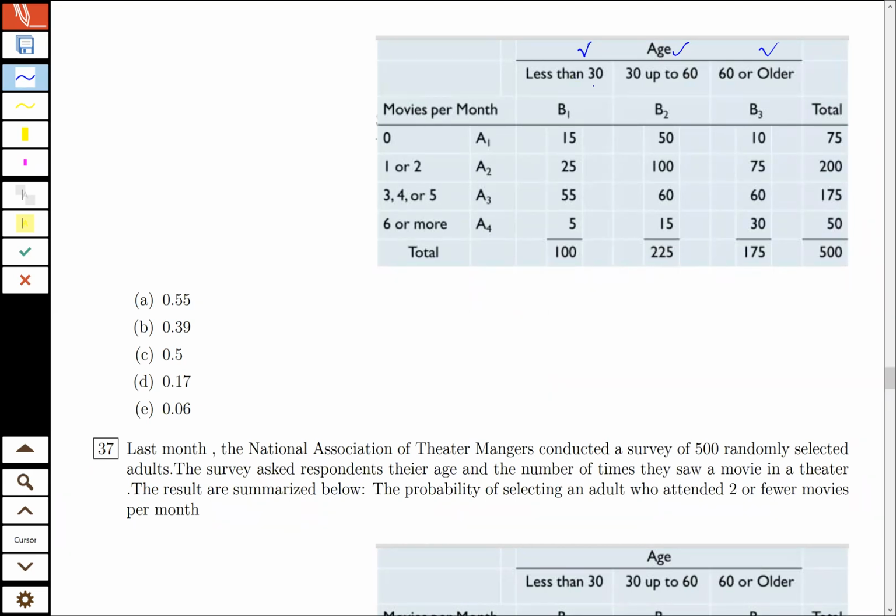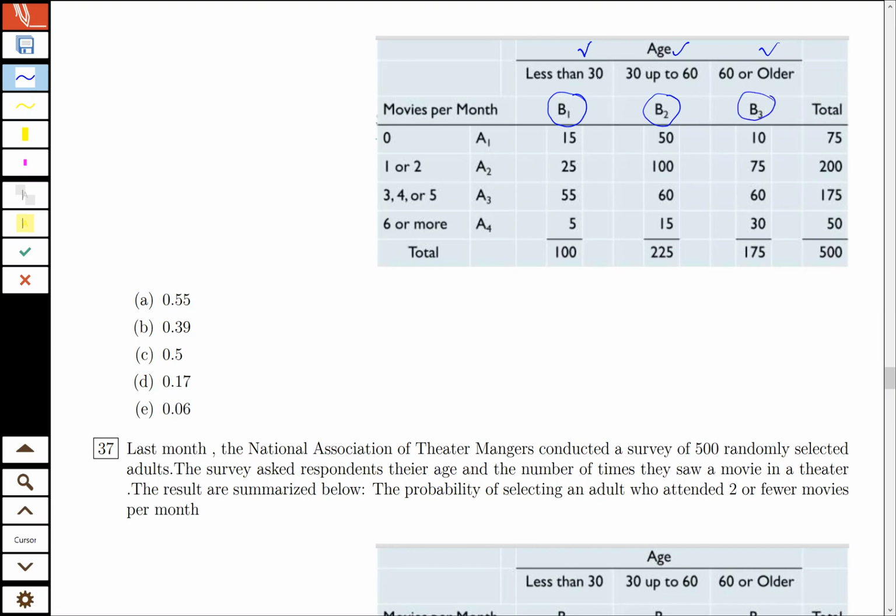Those who said their age is less than 30, we call event B1. Those who said between 30 and 60, we call event B2. And those who are 60 or more, we call event B3.